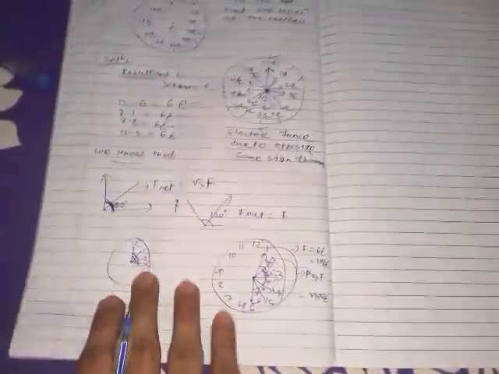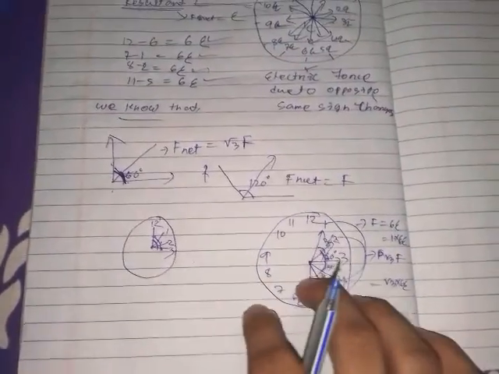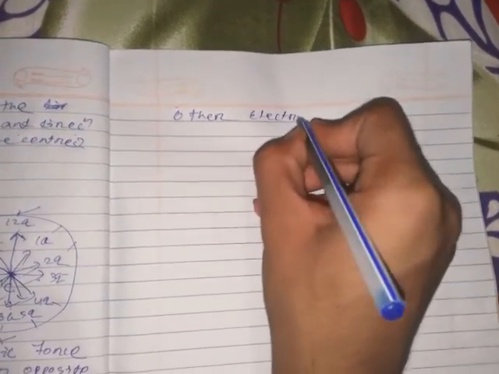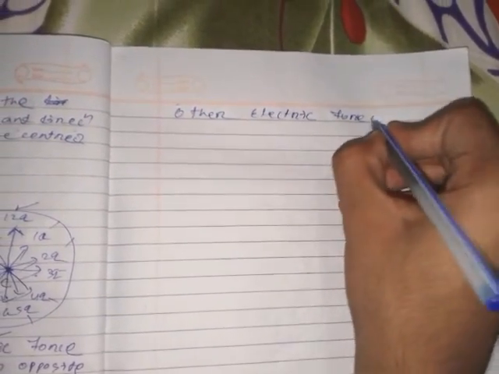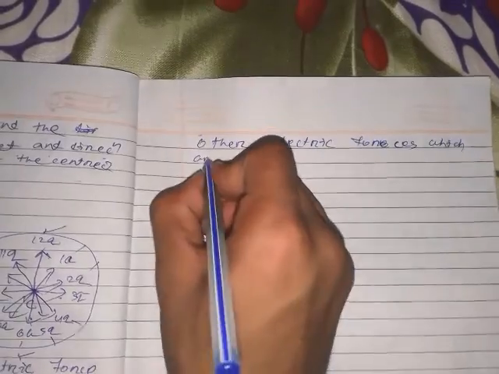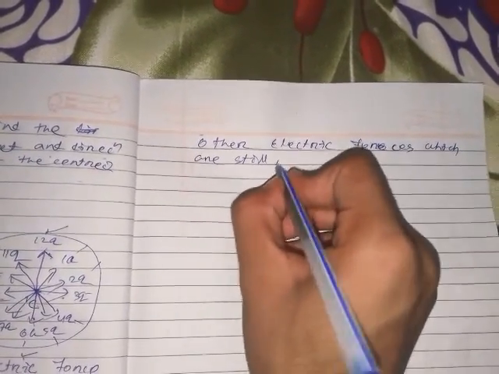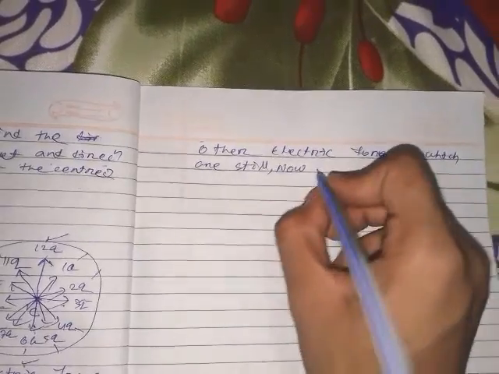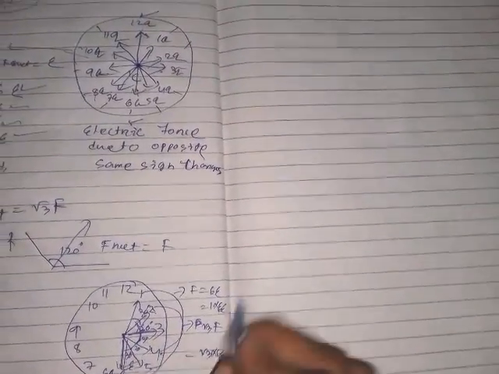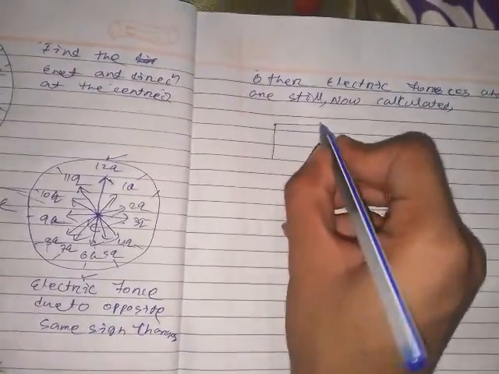On another page, the other electric forces which we have not yet calculated are 3 and 6, along with 3 and 6.